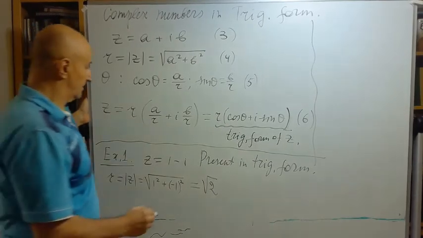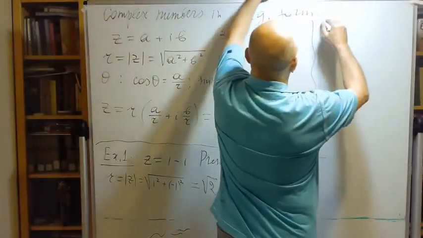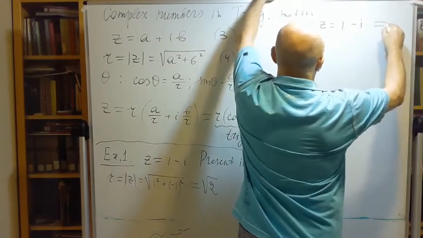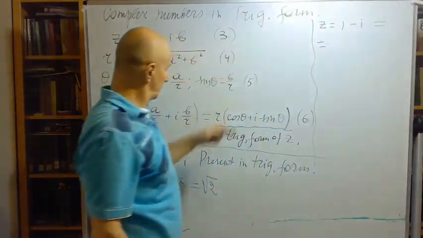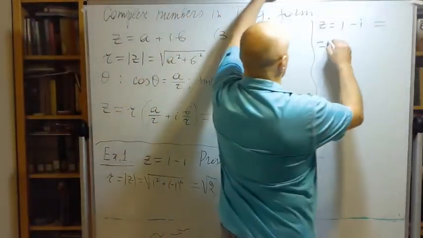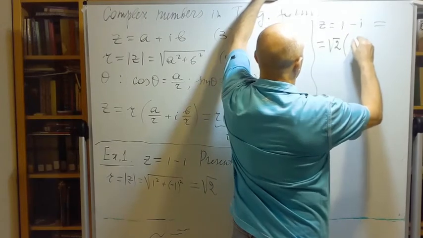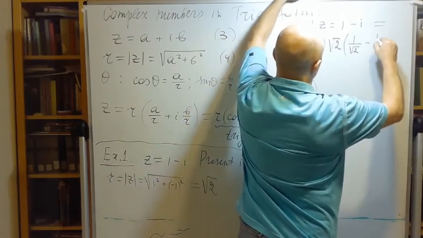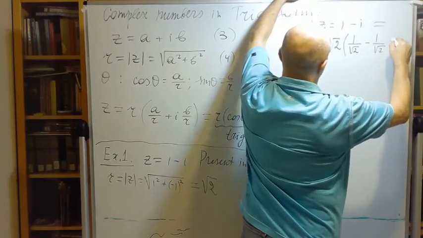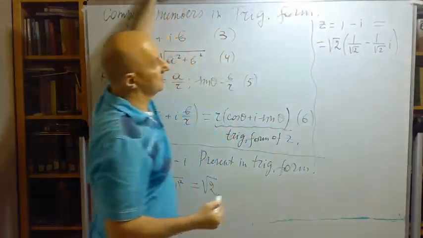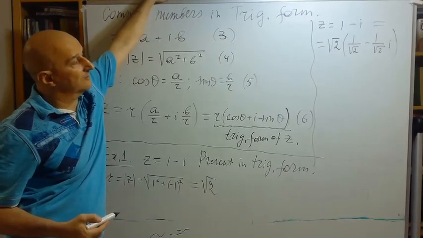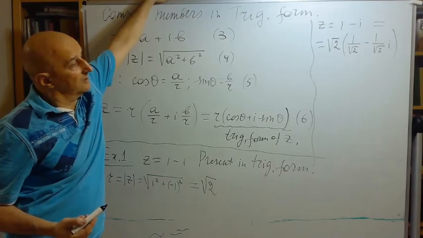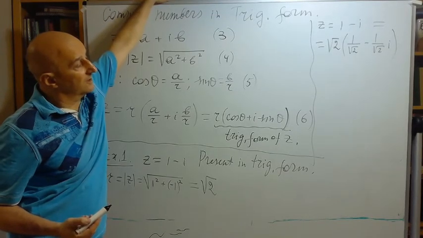I can write z equals 1 minus i, I will copy again. So I factor out root of 2, and it will be 1 over root of 2 minus 1 over root of 2 i. So this is actually z in trigonometric form.